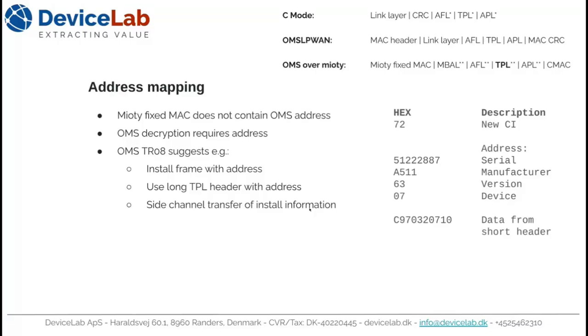In this case, we're going to be updating our transport layer to actually include this address, and this will make sure that all telegrams convey the same information. As you can see here on the right, what we do is change the CI to one that actually supports this address, and then we add the addressing information before the header information that we already saw with the existing transport layer.